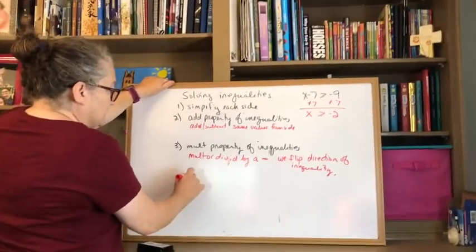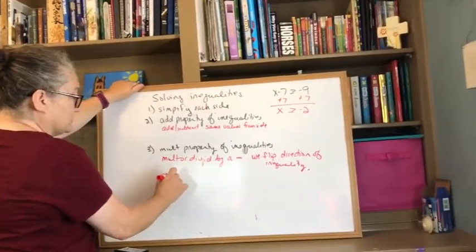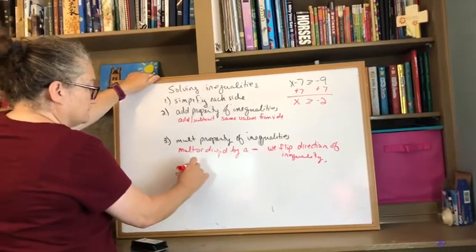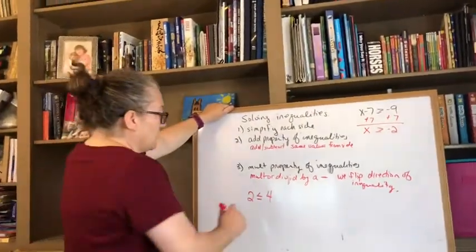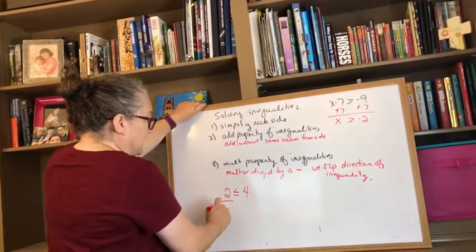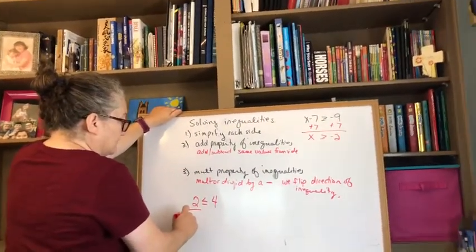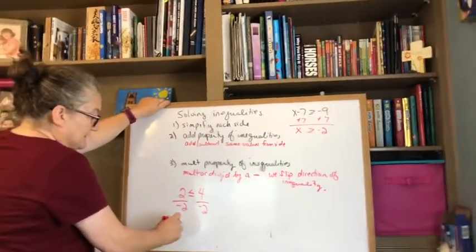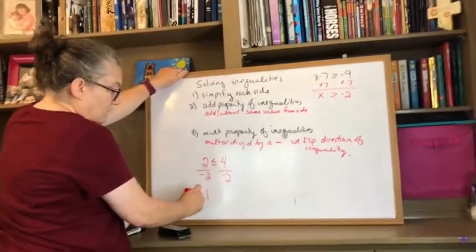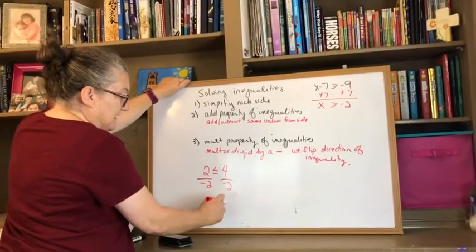Do you agree with me that 2 is less than or equal to 4? 2 is less than or equal to 4, correct? If I divide this by negative 2 on both sides, on the left side I get a negative 1, and on the right side I get a negative 2.